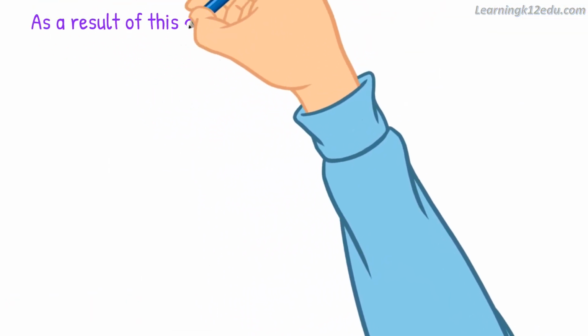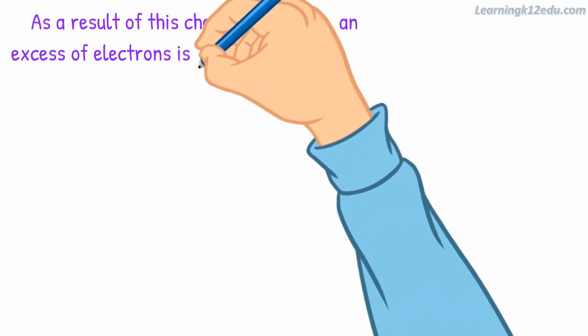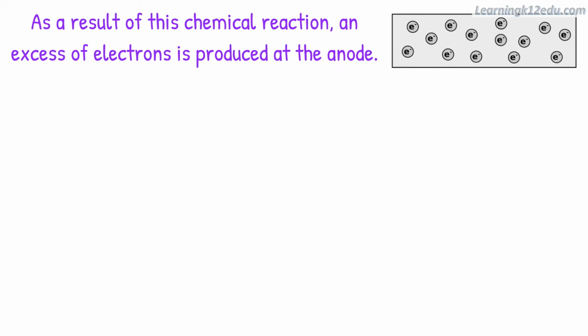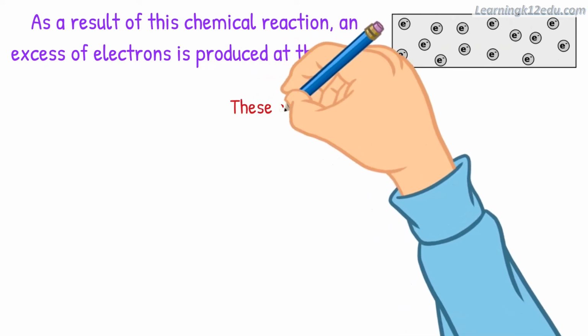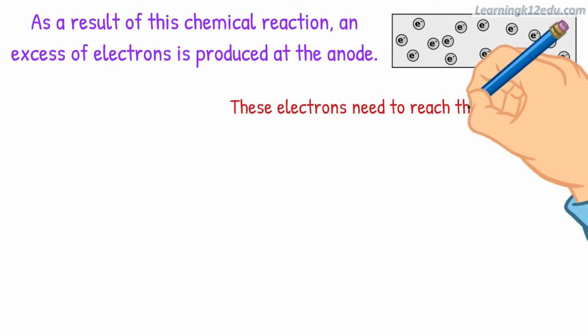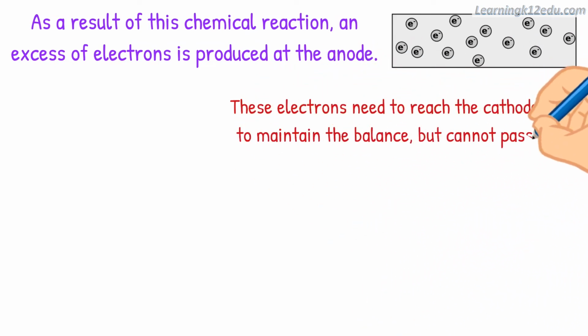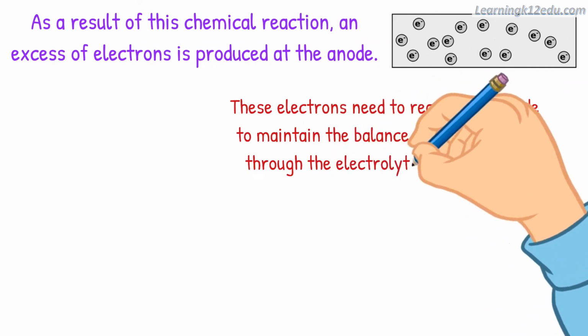As a result of this chemical reaction, an excess of electrons is produced at the anode. These electrons need to reach the cathode to maintain the balance, but cannot pass through the electrolyte or separator.